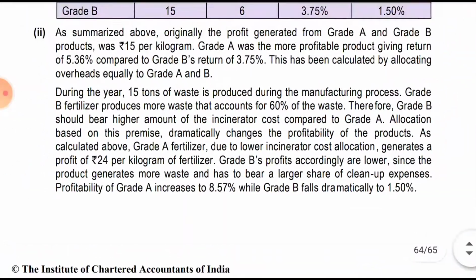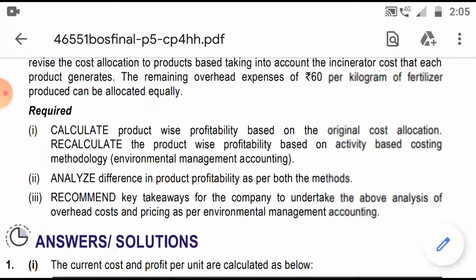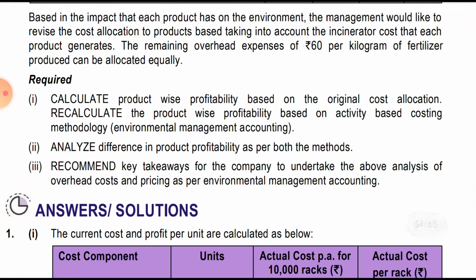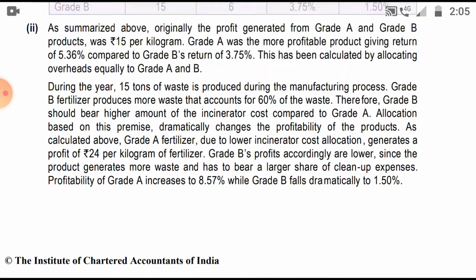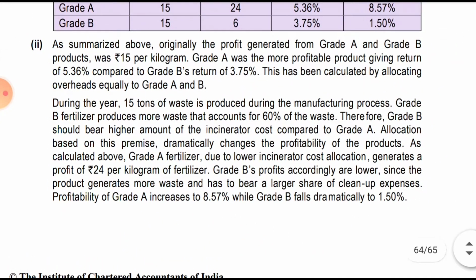What they have asked in this theory part is to analyze the difference in the product profitability as per both the methods. So we have to identify the difference. As summarized above, originally the profit generated from grade A and grade B was 15 per kilogram. Earlier there was 15 rupees profit for both. Grade A was more profitable.